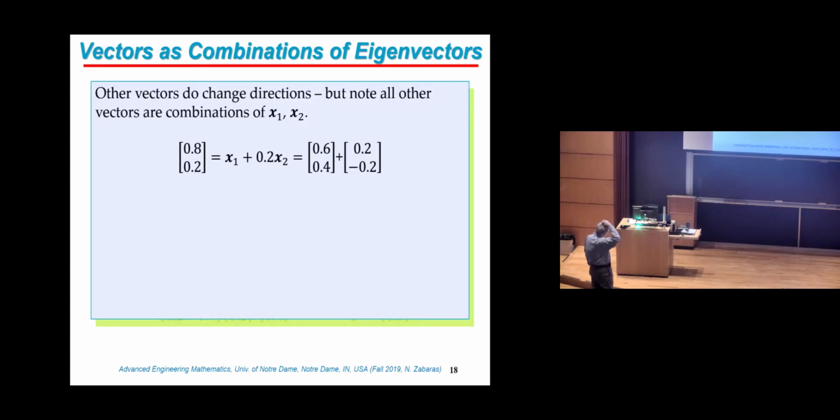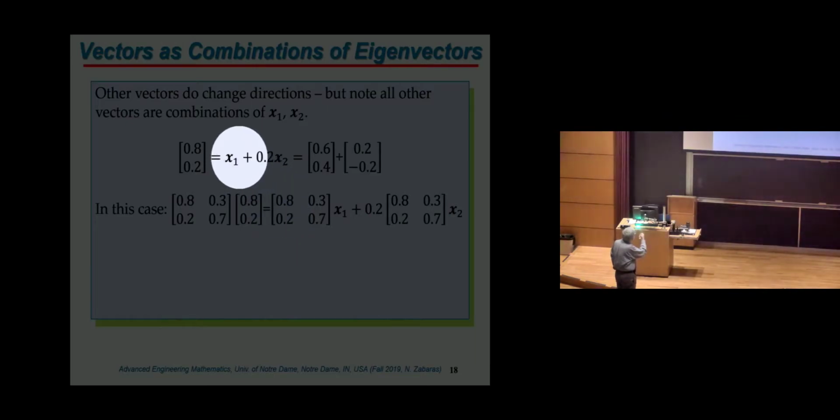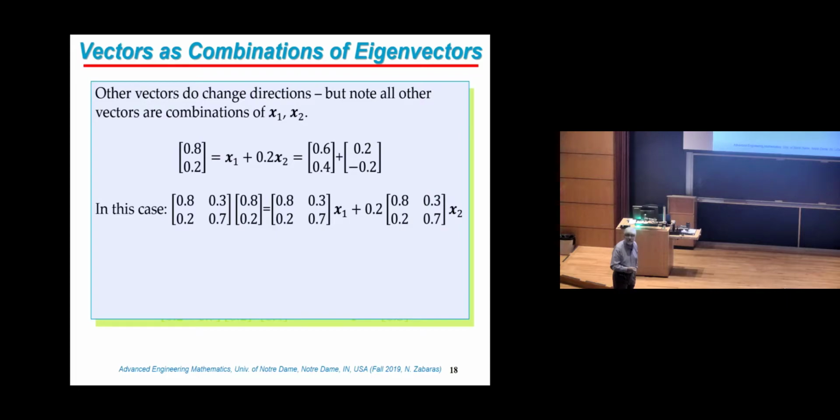All right. So somebody will say, can you tell me what is the effect of operating with A on this vector? And obviously, because it's a trivial example, you will multiply A with that vector and say, this is it. But let me do it differently. How about if I operate A on this vector, but I write this vector as x1 plus 0.2 x2? Can I do that? I mean, there's nothing fancy about it, right?